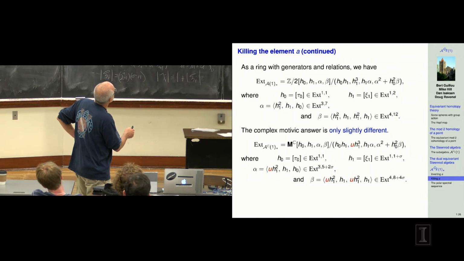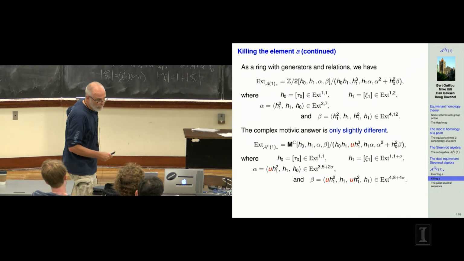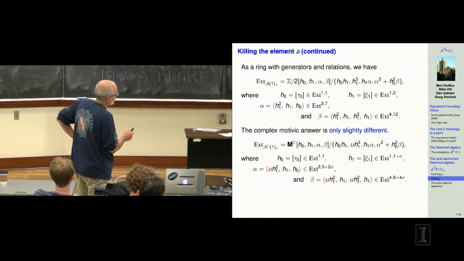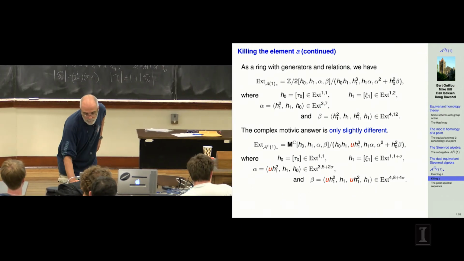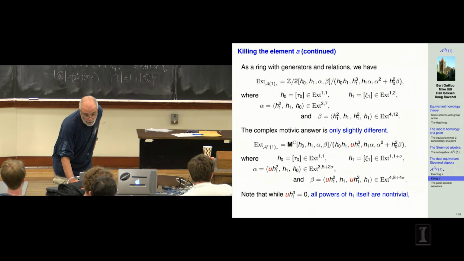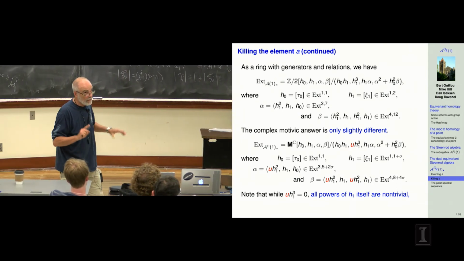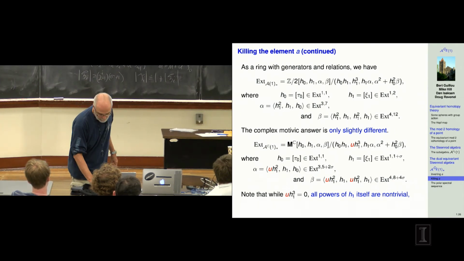For example, this element beta is defined as a Massey product like this. It lives in this Ext group. Up here, it's defined like this and lives in that Ext group. But the primary difference is instead of h1 cubed being 0, u h1 cubed is 0. And h1 itself, no power of h1 is 0. And again, that's related to the non-nilpotence of the Hopf map that I showed you before.